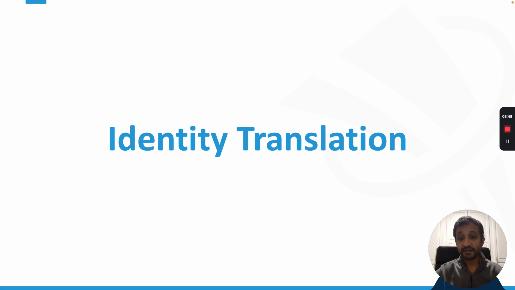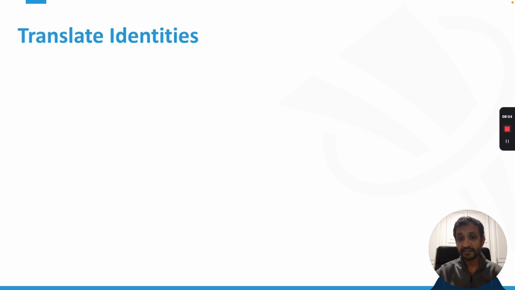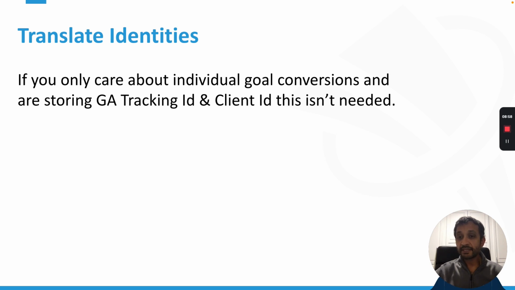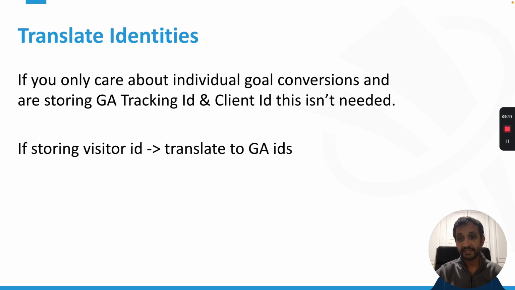Now, once you've captured those offline conversions, you're going to need to translate those into the format and the identities that Google Analytics understands. So as far as translating the identities, if you're storing the Google Analytics tracking ID and client ID directly in the backend, and you only care about those individual goal conversions, then you don't really need to do any identity translation. The identity is encapsulated within that tracking ID and client ID.